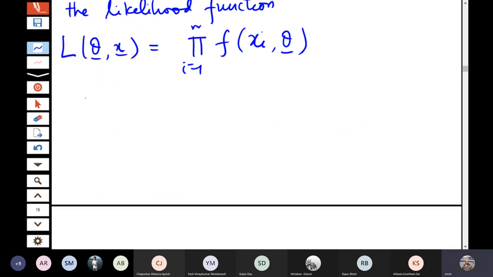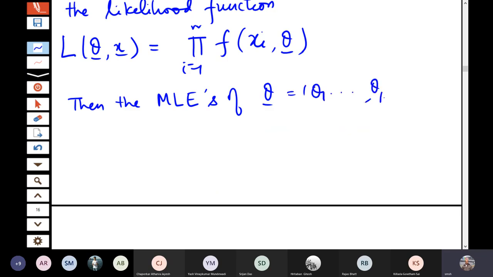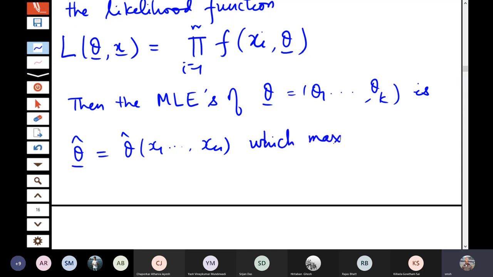Then the maximum likelihood estimator of theta, that is equal to theta 1, theta 2, theta k, is theta hat, a function of x1, x2, xn, which maximizes L(theta).